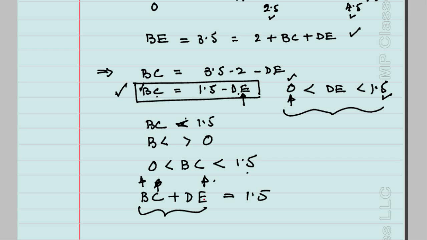So if you put E very close to D, then DE will be very small, that is like 0. In that case, BC will be greater than 0 and less than 1.5. So this is how the length is found quickly, analytically.